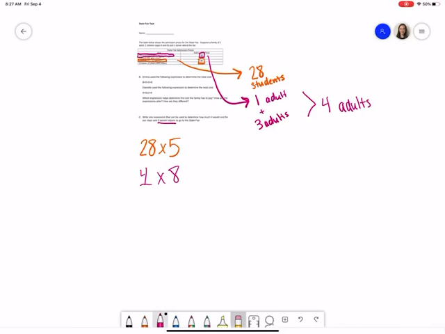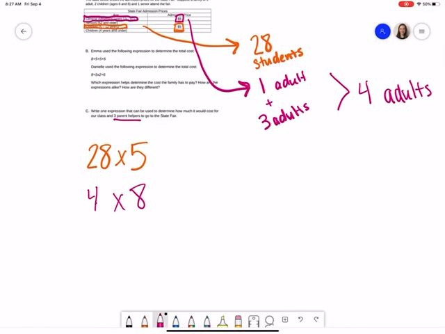When I'm finished with the problems, what am I going to need to do? Do I just have 2 answers for this? No, we're trying to find the total cost. We want to know how much it's going to cost for everyone to go. So that means we can do 28 times 5 plus 4 times 8. Okay? And we're going to figure out what that equals.